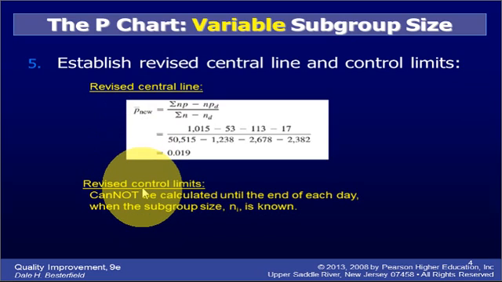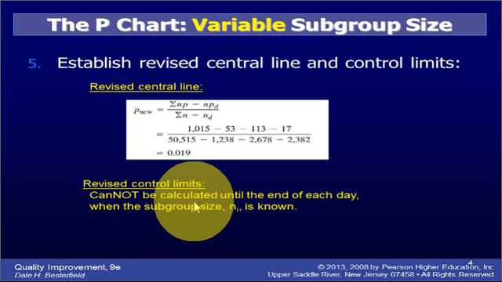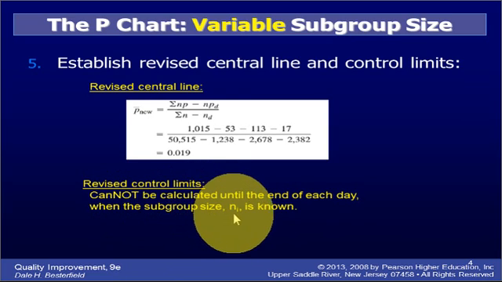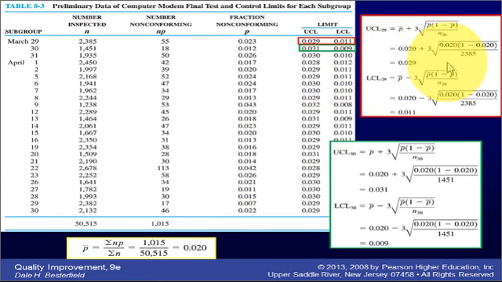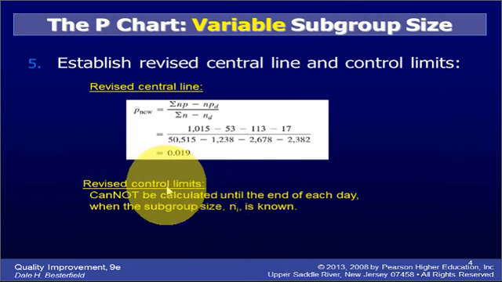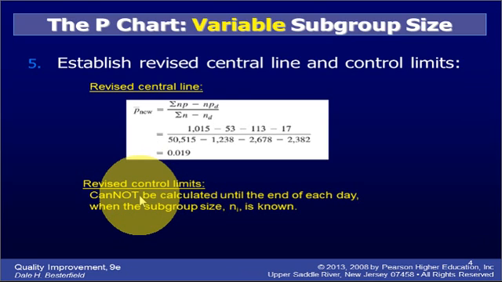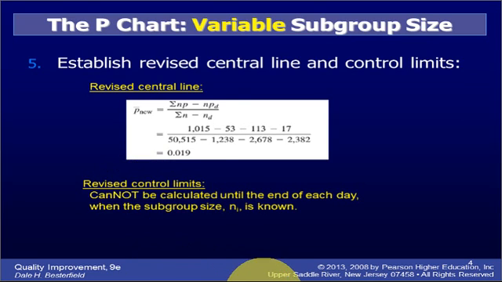Now the revised control limits are quite different from the p-chart with constant subgroup size, because you cannot actually calculate the control limits until the end of each day when the subgroup size, this ni, is actually known. As you can see, this n is customized. This n is changing with your day of inspection or changing with the subgroup. Therefore, when we need to compute the revised control limits of the p-chart with variable subgroup size, you have to have some future data available.